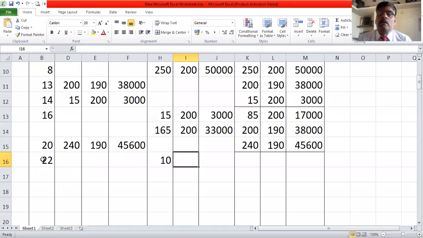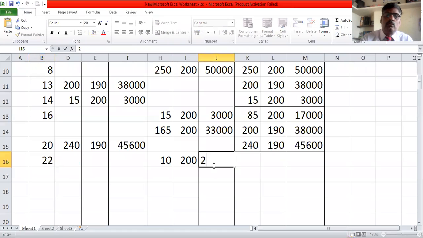According to your method, it is FIFO method. In the FIFO method, you take 10 units from the 85 lot. Rate is 200, 10 units at the rate of 200. Amount is 2,000. Now balance is 75 units from the first lot, at the rate of 200, and amount is 15,000.